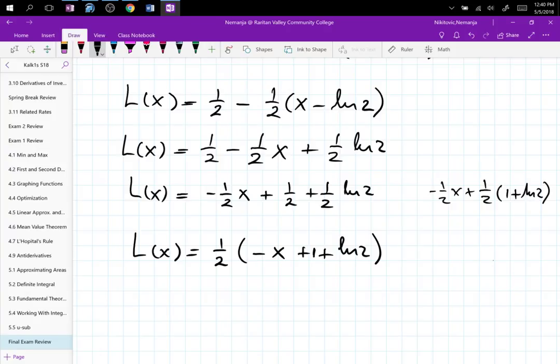So any number that is sufficiently close to the value of ln 2 will be a good number to compute in linearization, because its y value and the function's y value are close.